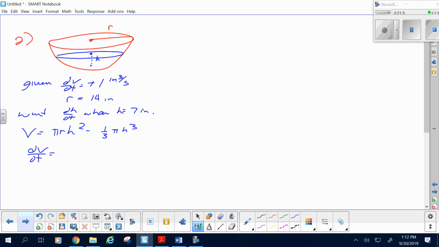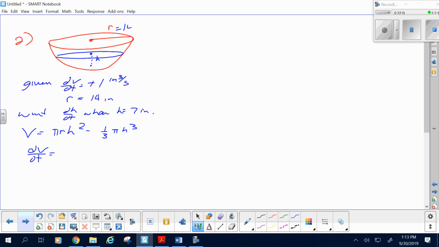Okay, there's actually an easier thing to do that makes your life easier, and that is to recognize what R is. R is 14. It's always 14? Yep. R represents the radius of the bowl, not the water surface. So if you're thinking, oh, this is a variable with respect to two different things, no, R is constant.